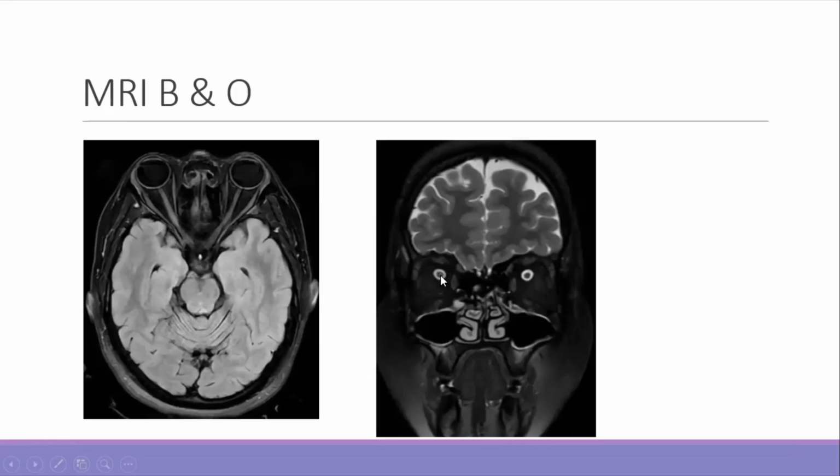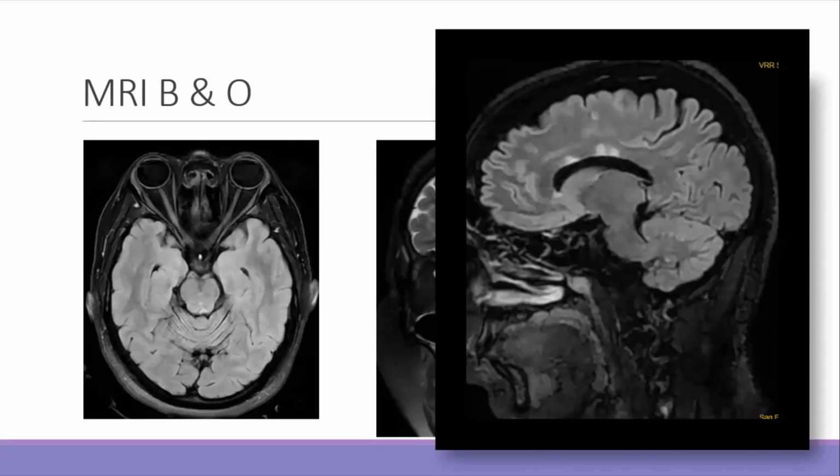The inside of the nerve, compare it to the muscles around. All right. So over here in the normal nerve, it is less hyperintense, right? Whereas when it is a hyperintense nerve, it is equal to or brighter than the muscles. Can you appreciate that? So that's how you look for T2 hyperintensity.